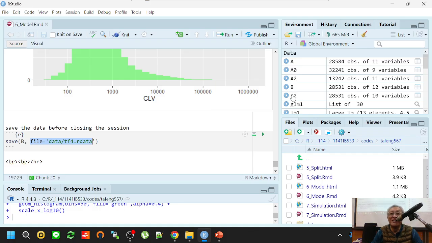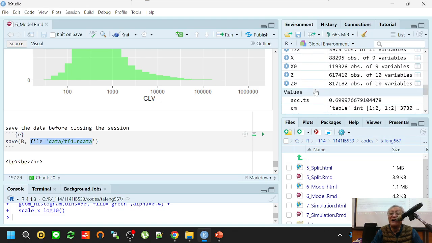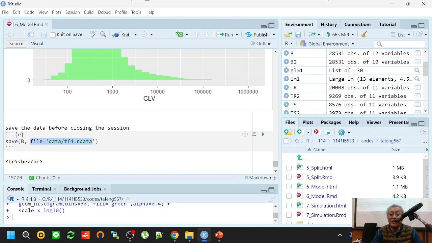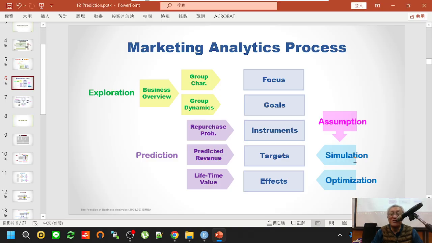Everything is already kept in this B data frame, right? So when we do the assumption and simulation, we simply reuse this B data frame, because that is all we need for us to design and choose our instrument, for us to choose the customers that we want to apply the instrument to, and for us to do the evaluation. Okay? Because every piece of information is already within this B data frame. So this B data frame is very important. Got it? Okay?